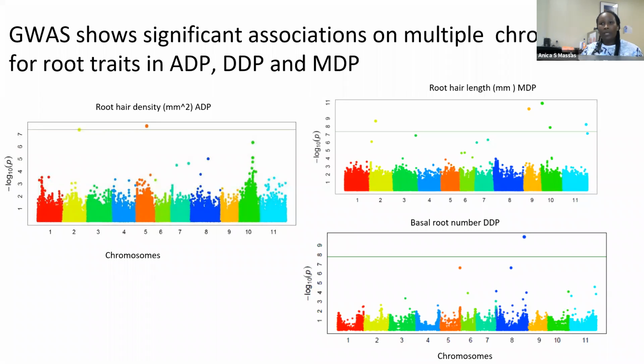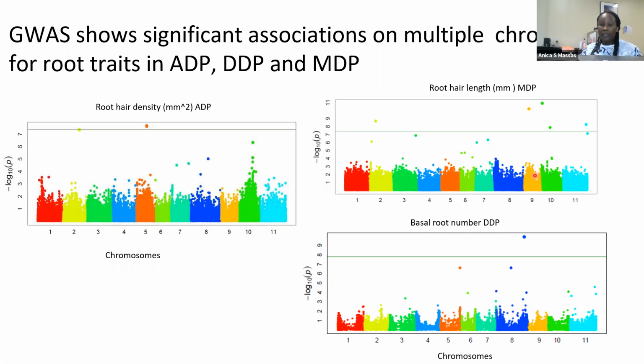And here we find high peaks in multiple chromosomes. You can see here, maybe I'll show one of the populations, MDP. We did the GWAS for root hair length in MDP, and we found high peaks in chromosome 2, chromosome 9, 10, and 11.